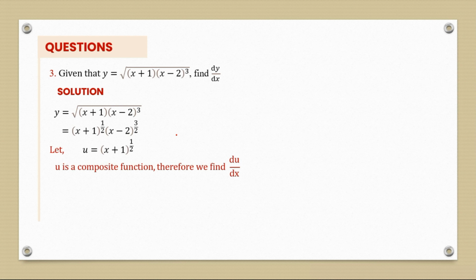But u is now a composite function, so we find du/dx using the chain rule. Using the chain rule, we let t be equal to x plus 1, so dt/dx is equal to 1. Then u is equal to t to the power of a half, so du/dt is equal to a half t to the power negative a half.